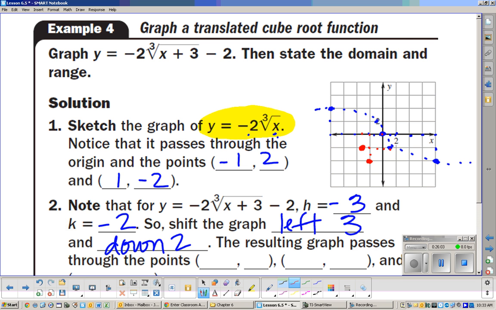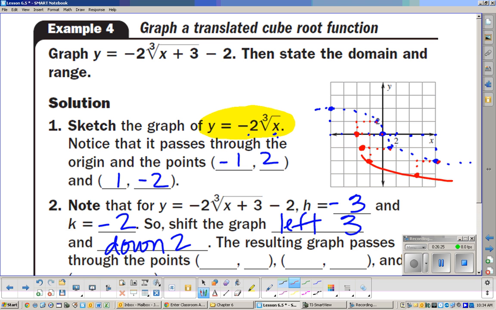It's a little harder thinking when you get counting by 2s. I don't like it. So then this point right here is going to move to the left 3 and down 2. And this point out here is going to move to the left 3 and down 2.